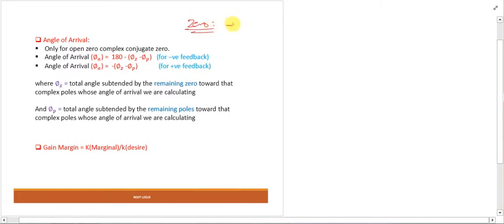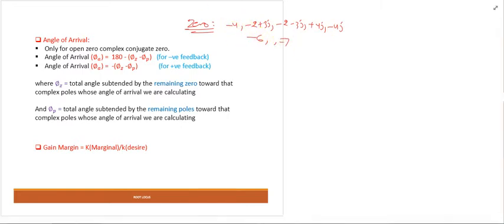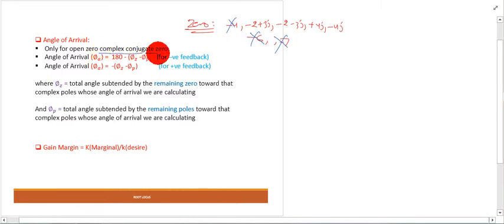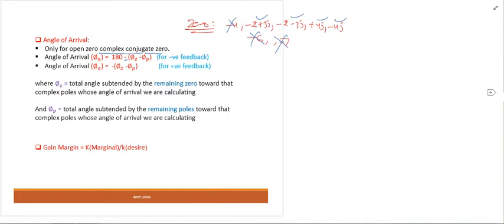Similarly, if the zeros are minus 2 plus 3j, minus 2 minus 3j, plus 4j, minus 4j, then minus 6 and minus 7, we cannot calculate the angle of arrival for the real zeros, because we calculate the angle of arrival for complex conjugate zeros. Means we calculate the angle of arrival for these zeros. Similarly, like this, the only change in the formula is the negative sign. See here, the only change in the formula is this negative.